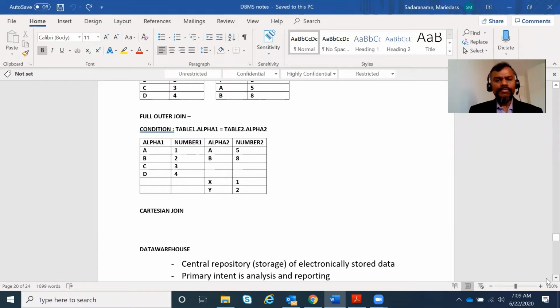What is a Cartesian join? A Cartesian join is basically joining two tables without a where condition. You're not giving any condition; you're simply saying join these two tables.